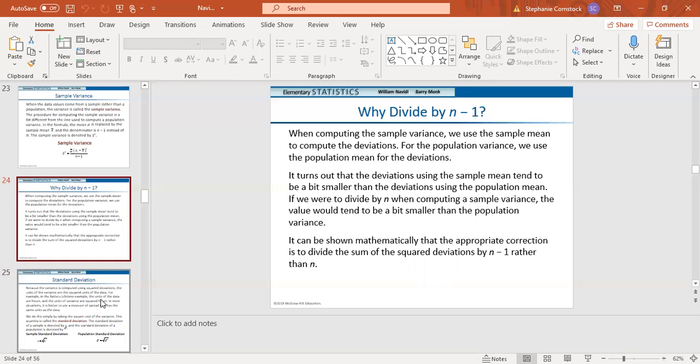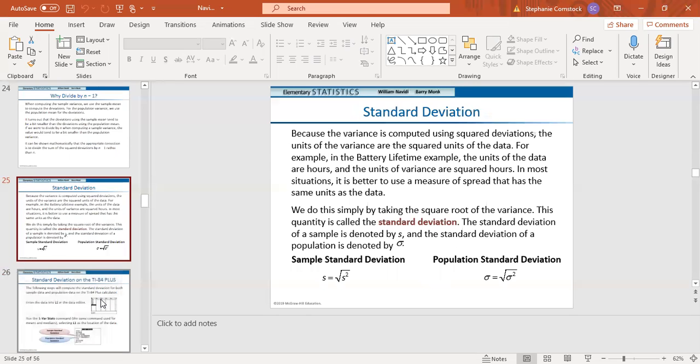Now then, along with variance, we have what's called the standard deviation. The standard deviation is actually calculated more often than the variance. For the sample standard deviation or the population standard deviation, it is simply the square root, so it's either plain s or plain sigma.